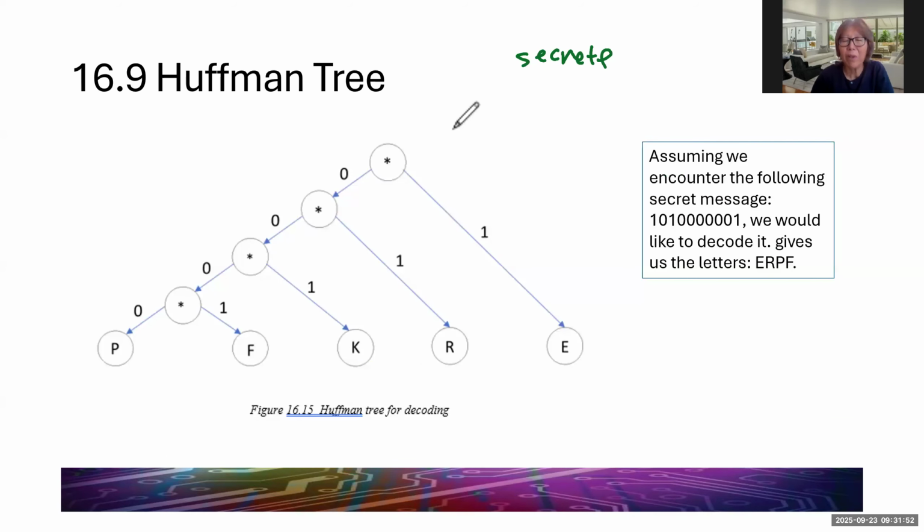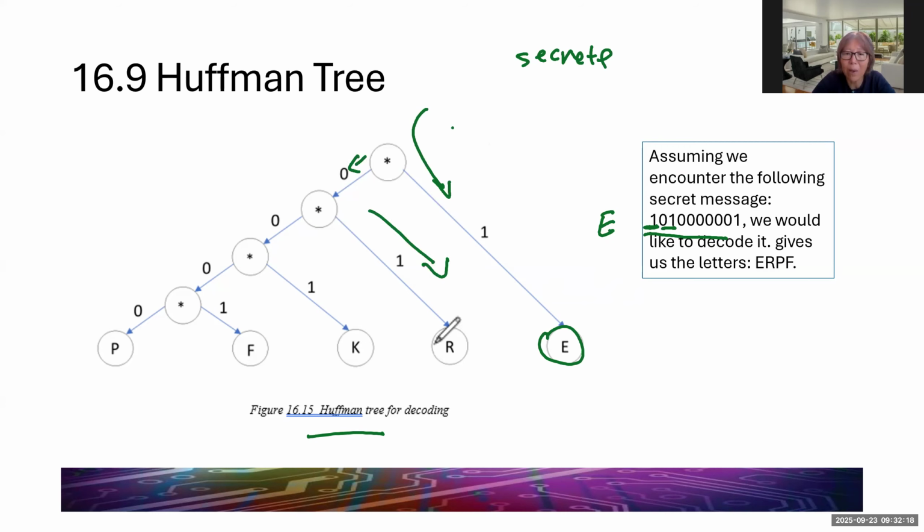Like what I just explained, once you build this character tree, when you have this secret message, you just follow this character tree, the Huffman tree, for decoding. You start at the root, then you reach this, so you know this is E. Then you go ahead, 0 and 1, you reach this, so that means it's R. You just keep following.